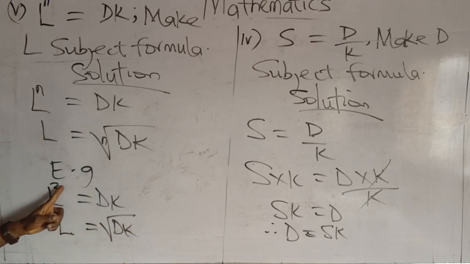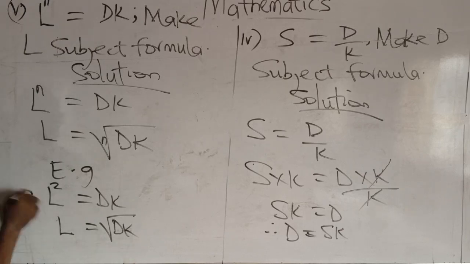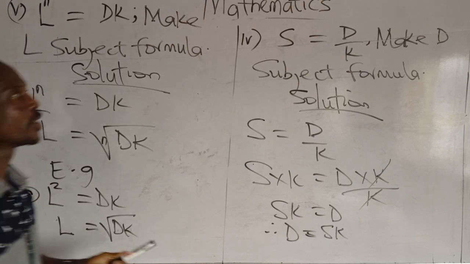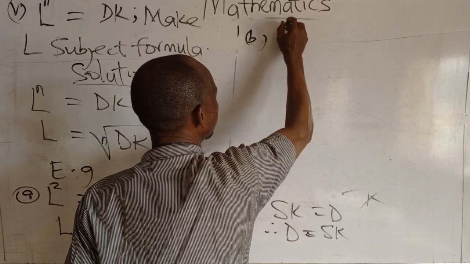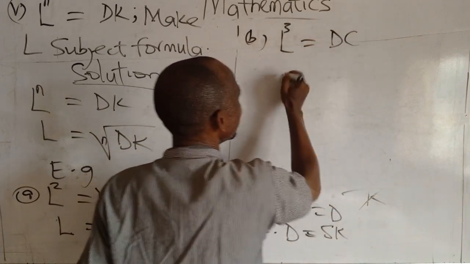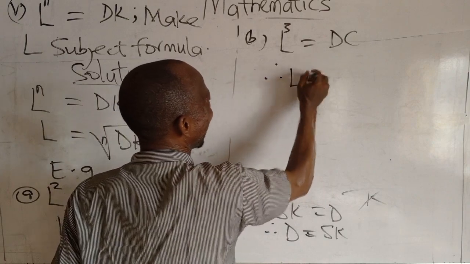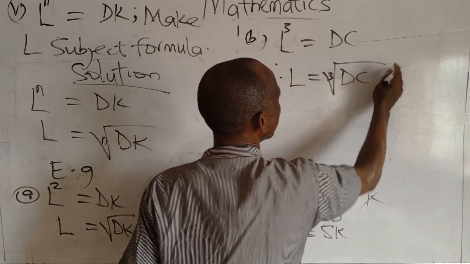Because this is squared here, you find the square root of the other side. For example, if we have L raised to power 3 equal to DC, it therefore means that our L will now be equal to the cube root of DC.